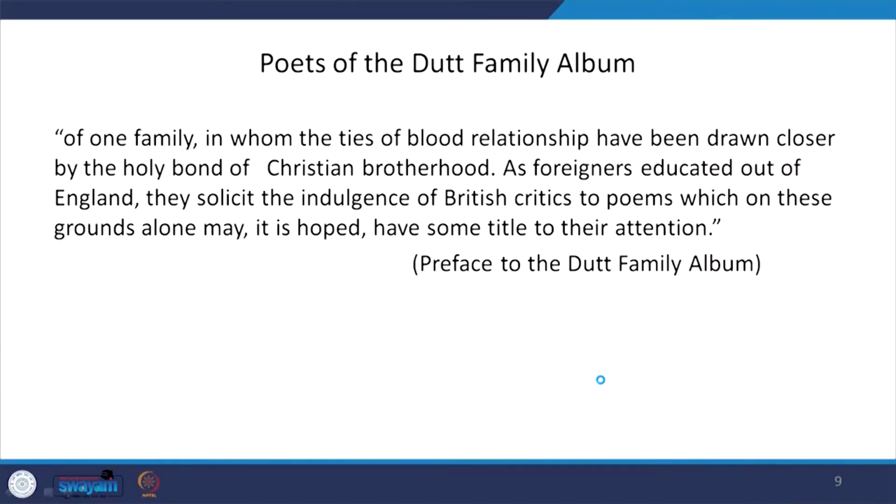In the preface to the Dutt family album, Govind Chand Dutt himself says it was the relationship drawn closer by the holy bond of Christian brotherhood. As foreigners educated out of England, they solicit the indulgence of British critics to poems which on these grounds alone may, it is hoped, have some title to their attention. But that family album could not do well.